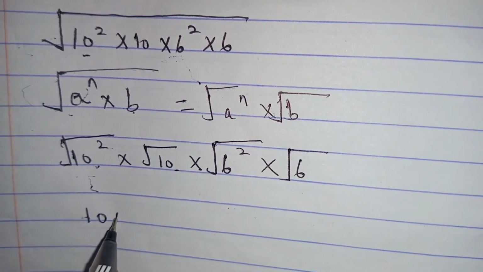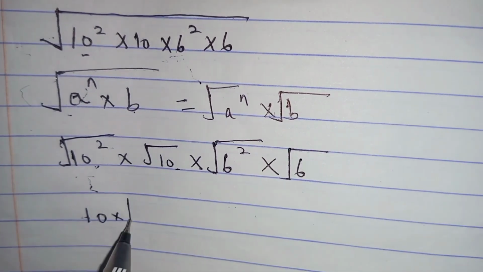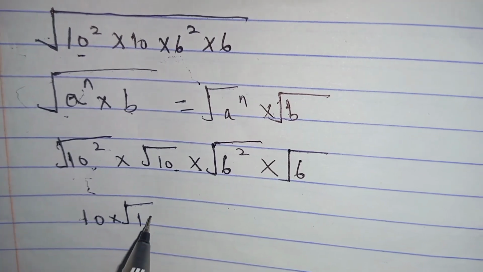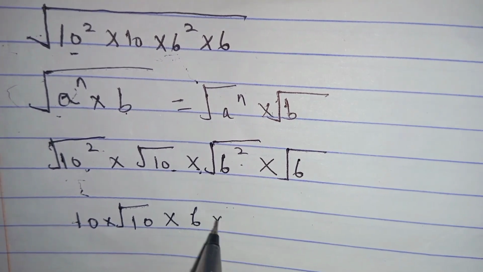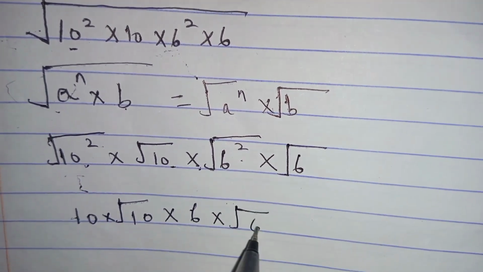You are told to leave your answer in surd form, so here you just write it as 10 times the square root of 10, and the square root of 6 squared is 6 multiplied by the square root of 6.